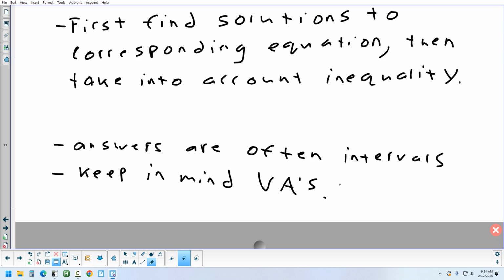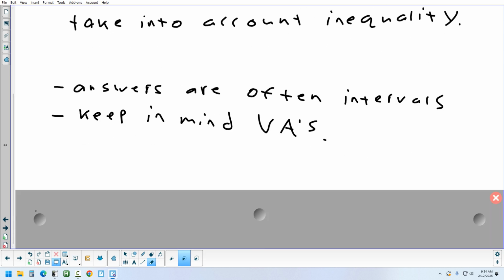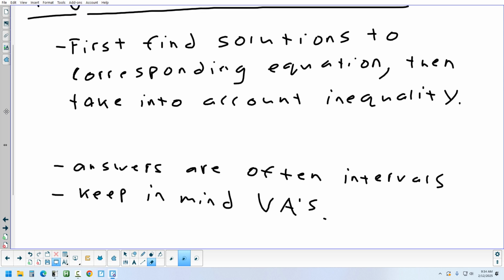Other things we need to keep in mind, when you set your window, if you include the left edge, you don't include the right edge. Okay, so we got to make sure we have brackets and parentheses straightened out here. The vertical asymptotes, I'm not going to make them that hard to find.